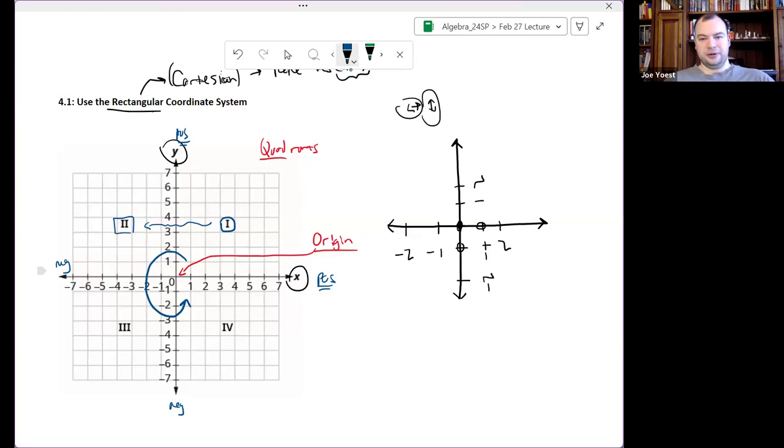Continue going counterclockwise, we're traversing up to down on the left side to quadrant 3, and then traversing left to right across the bottom over to quadrant 4. And if we were to keep going, we would end up back in quadrant 1. So we have labeled all 4 quadrants.